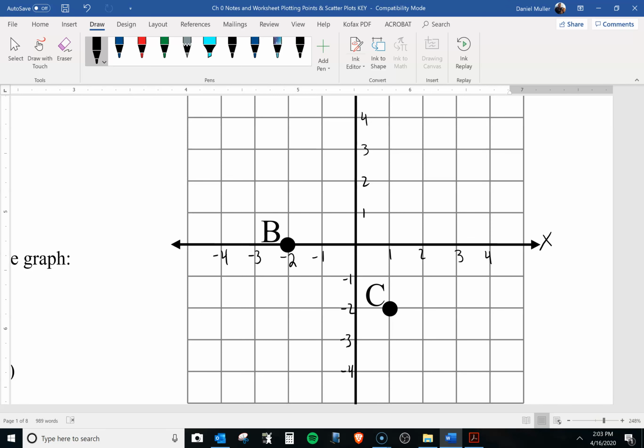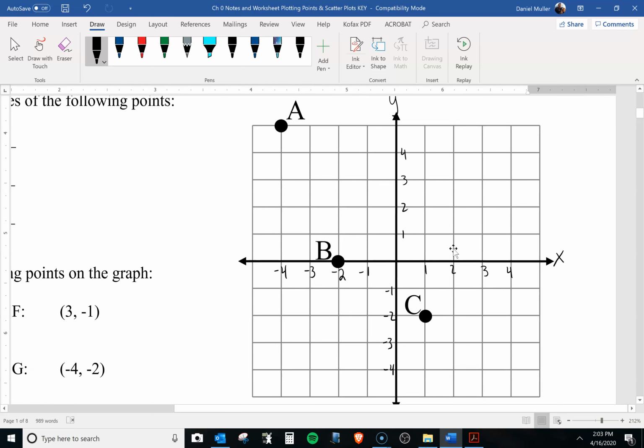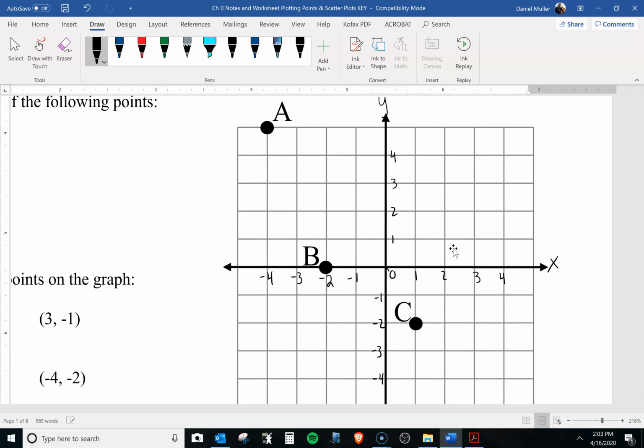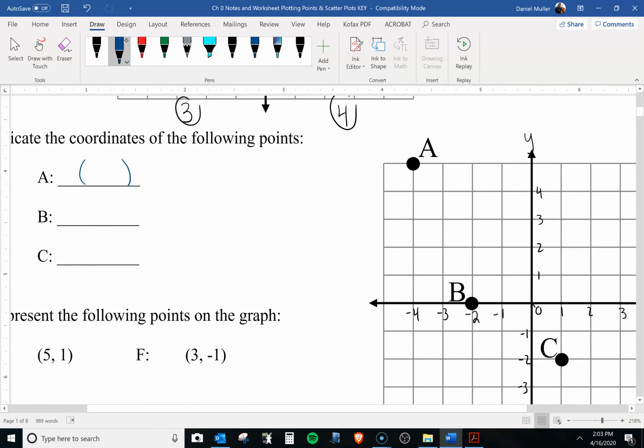Now you could label all the way to 5, but I just didn't. And I don't actually label the 0, but you could if you wanted to, just kind of diagonally do a little 0. And then it's actually a little bit easier for us to see the ordered pair. For A, the instruction would be go 4 to the left and then 5 up.